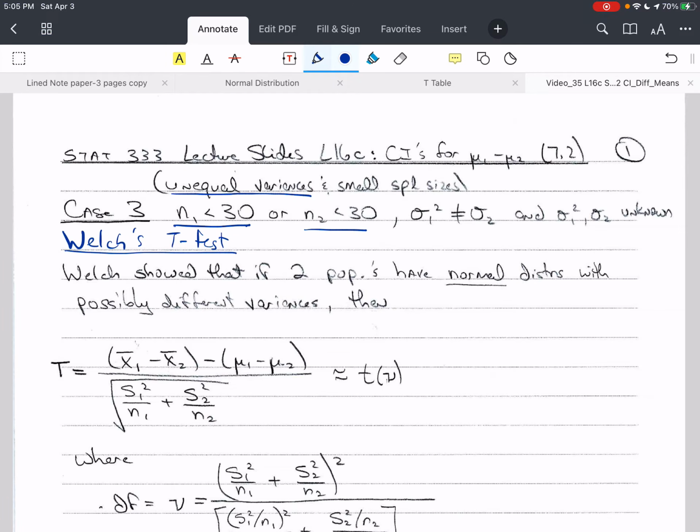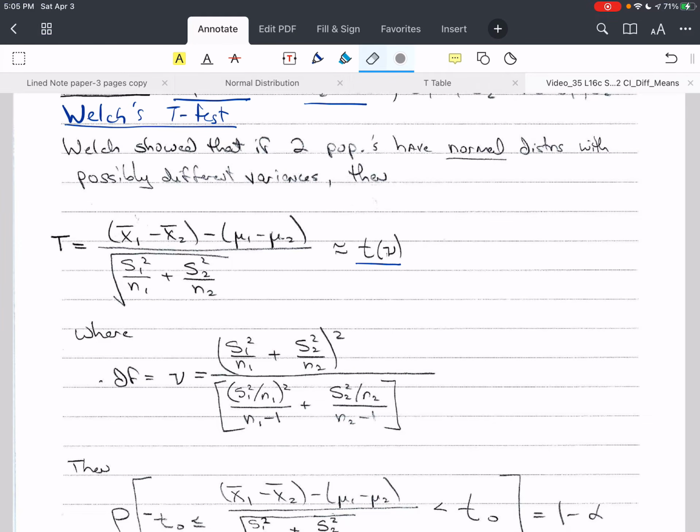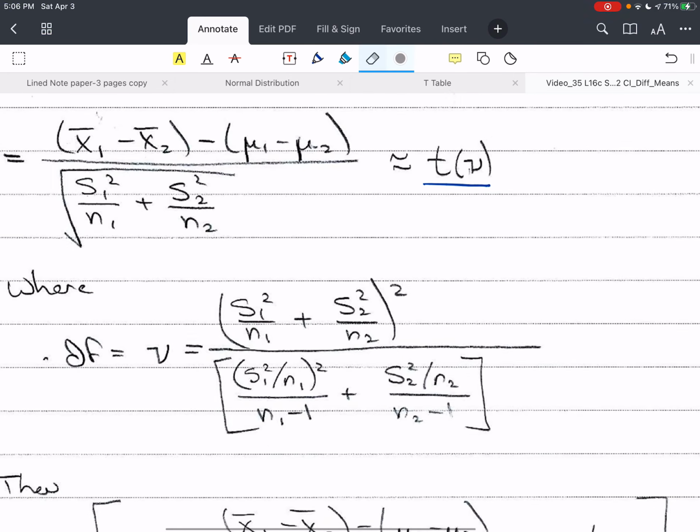Welch showed that if we have two populations that are normally distributed and have possibly different variances, then t is equal to x bar 1 minus x bar 2 minus mu1 minus mu2 over the square root of s1 squared over n1 plus s2 squared over n2, and it has a t distribution with nu, the Greek letter nu, degrees of freedom, where the degrees of freedom is given by this lovely little expression.